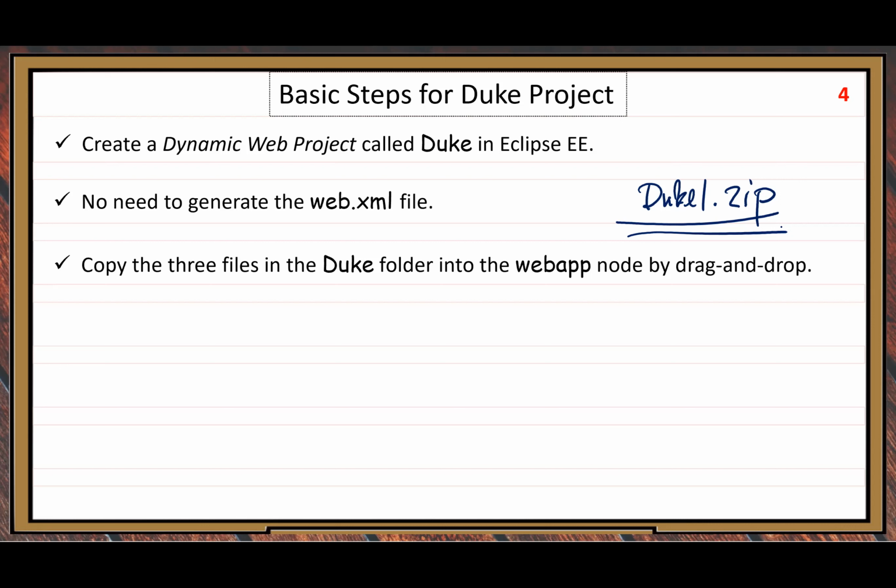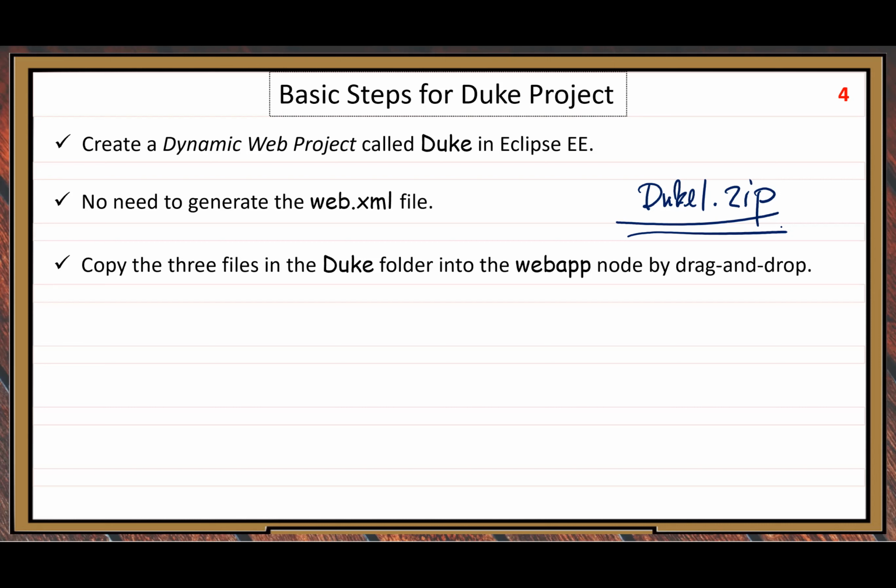In the previous Duke version, we have the web-inf folder and web.xml. This one, I removed that web-inf and web.xml, because in Eclipse we use the automatically generated default file, so we do not need that. So the version is slightly different.